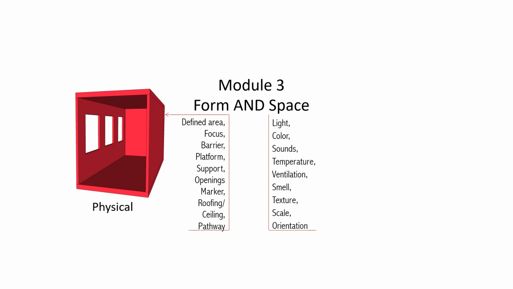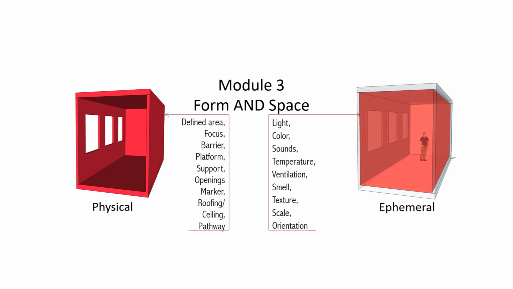On the other hand, space can be described as the quality of light, the ambience from the colors, the sound, the temperature, ventilation, the smell, the textures, the scale, and the orientation. So in a big sense, space is something ephemeral.